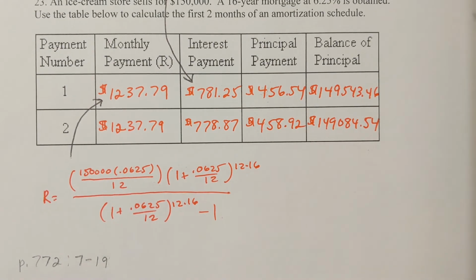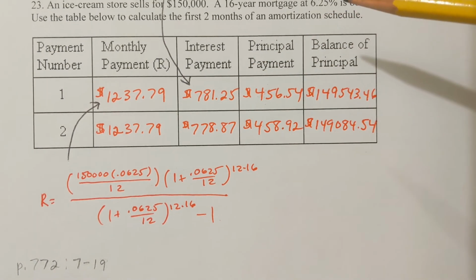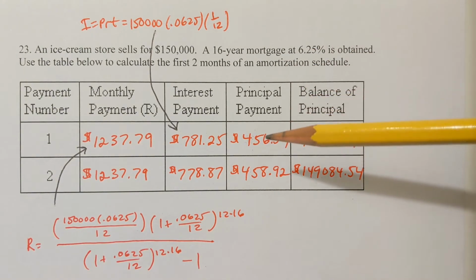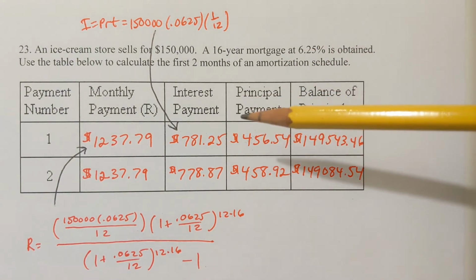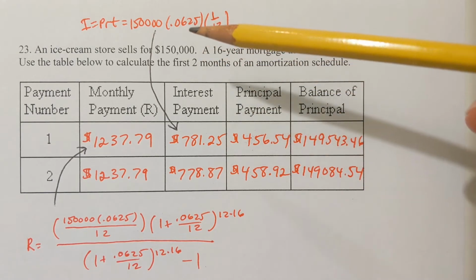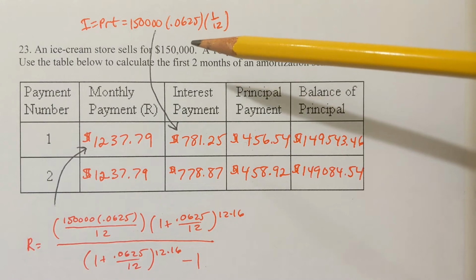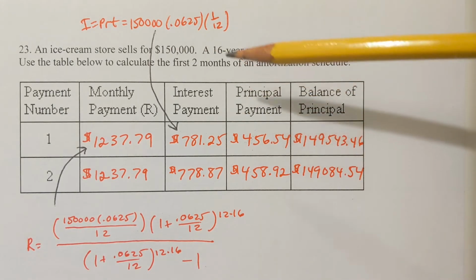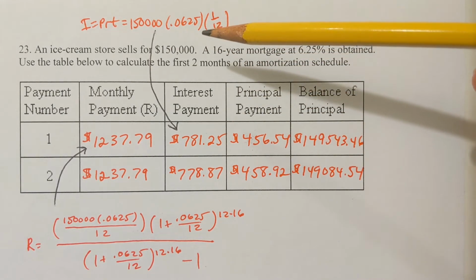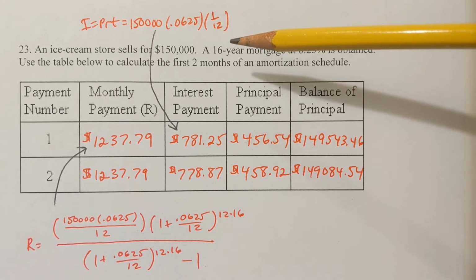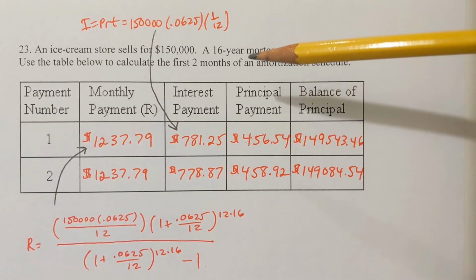So now some of that's going to go towards interest and some of that's going to go towards the principal. In the first payment, I got $150,000 that I owe on the ice cream store, and multiply that by the rate, and then times 1 over 12. The time is always 1 over 12, because it's 1 month out of 12 months in a year.